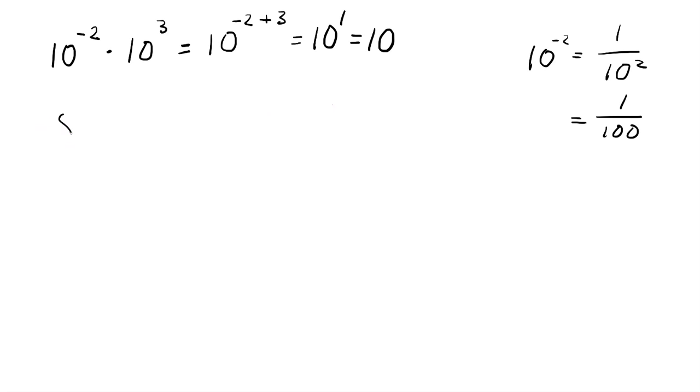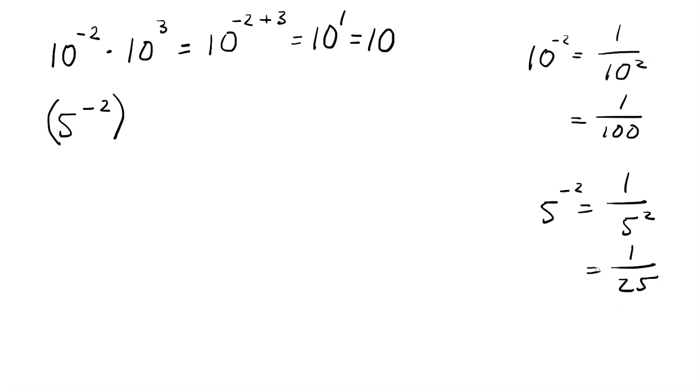Or taking another example. 5 raised to the minus 2. What's that? That's per definition 1 over 5 squared. So this is 1/25. And if we raise that to the power of minus 3, then we can use one of the rules we have gone through.